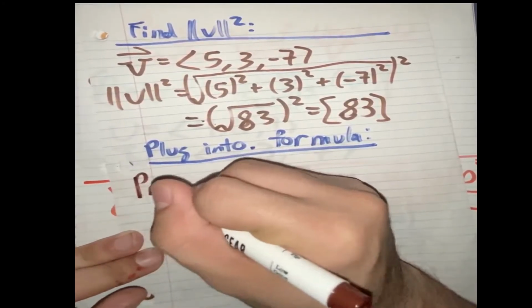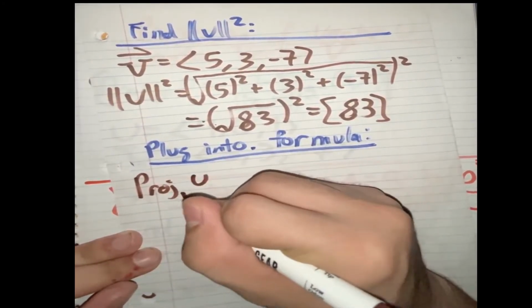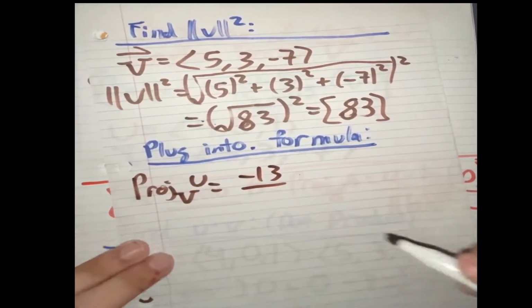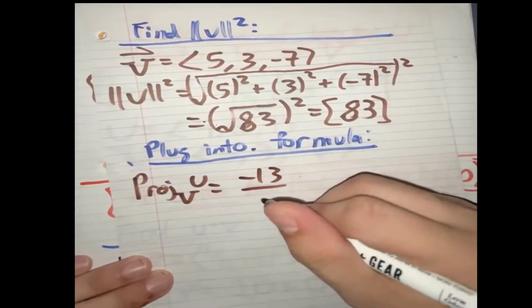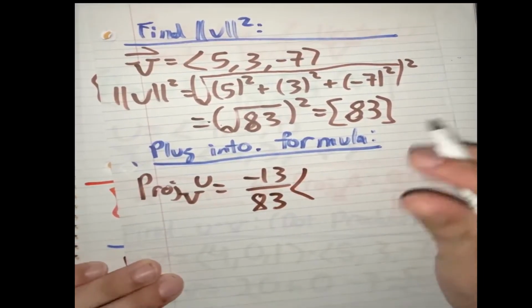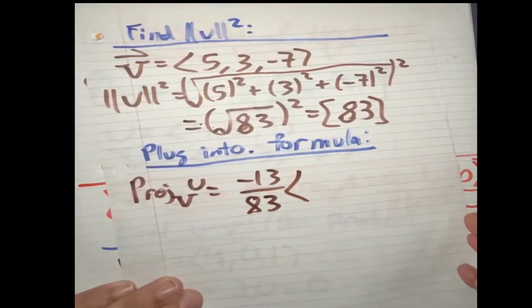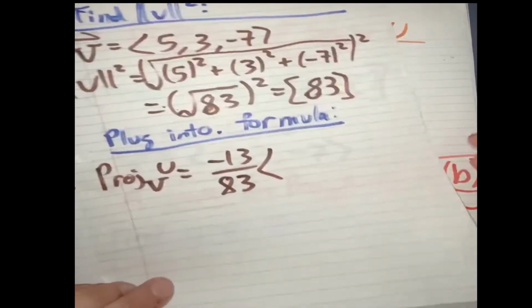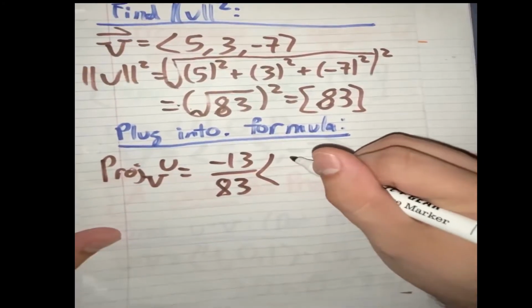So the projection of u onto v is equal to negative 13 divided by 83, and then our vector v as stated in this formula right here. We're multiplying this by our vector v, and we should get a vector, not a scalar.